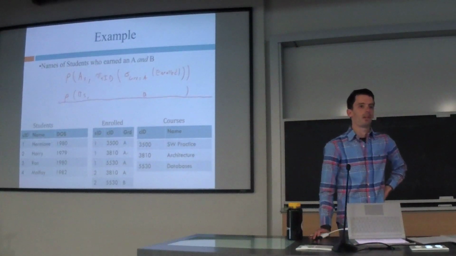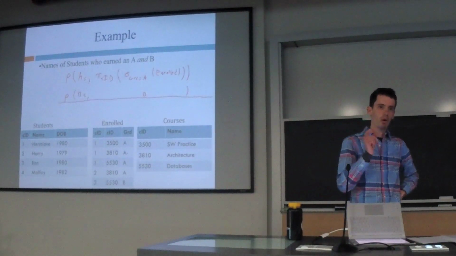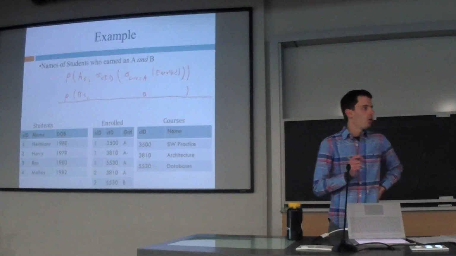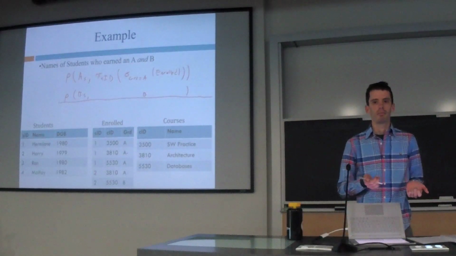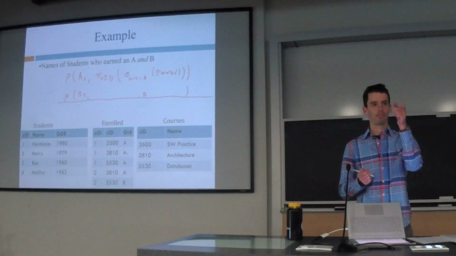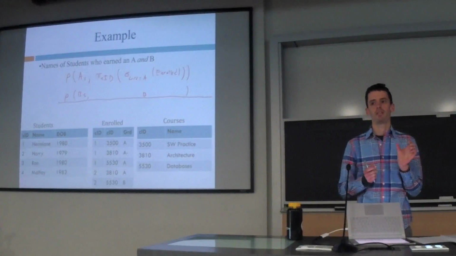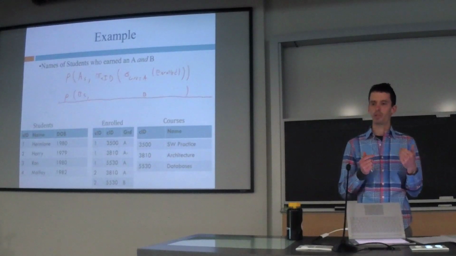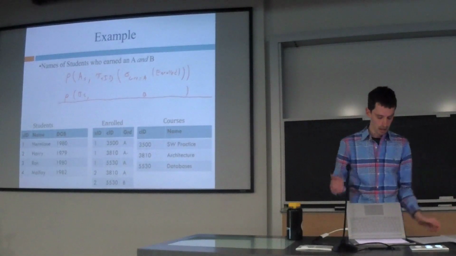Now I want only the ones that show up in both of those relations. What's the operator for finding the things that show up in both relations? Difference is the one for finding tuples that show up only in one relation and not the other. Intersect, yeah.